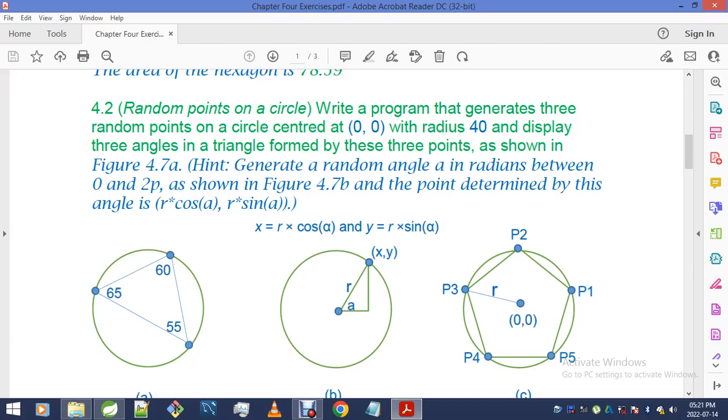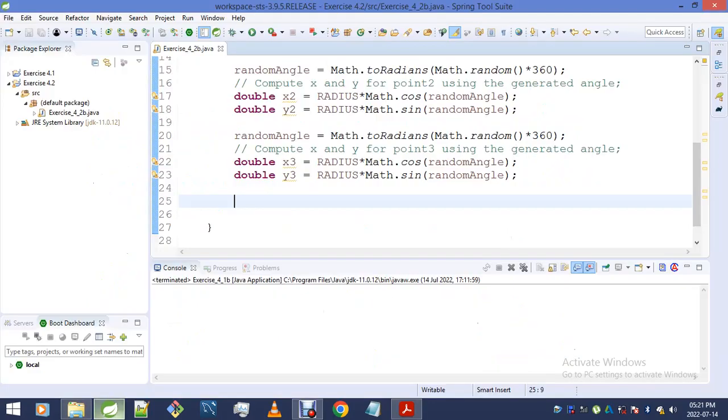That tells us that the next thing for us to do will be to calculate a distance from one point to all the others. So let's calculate the distance between P2 and P3 first. P2 and P3.